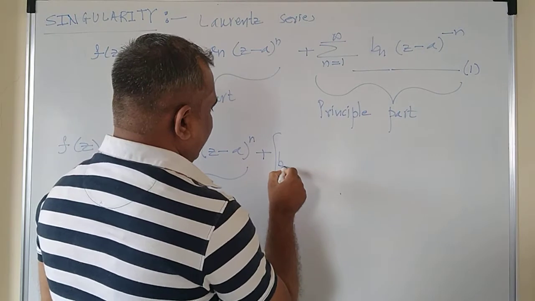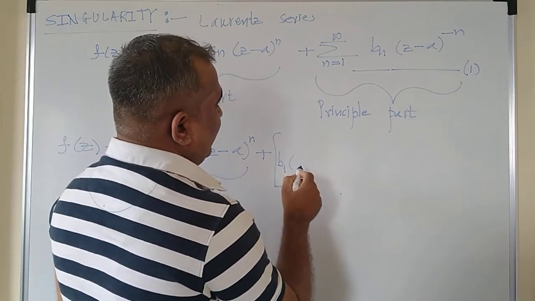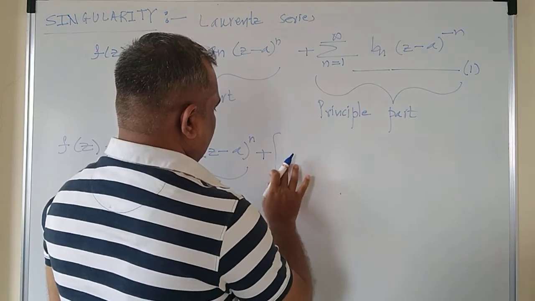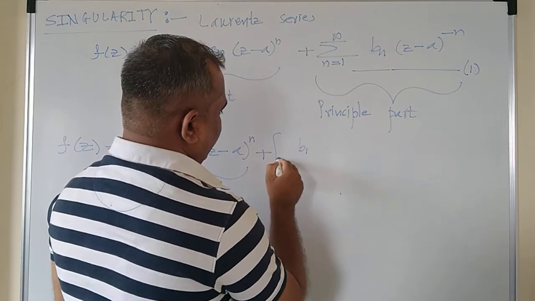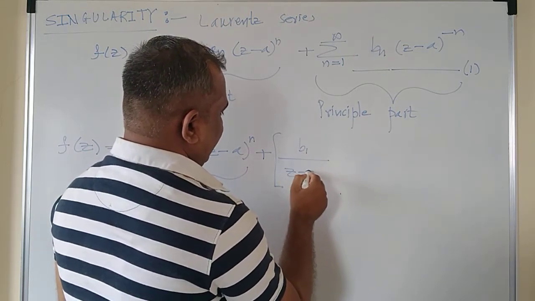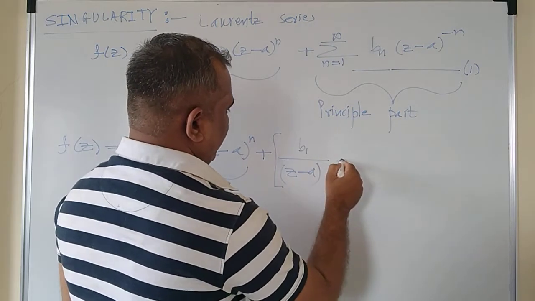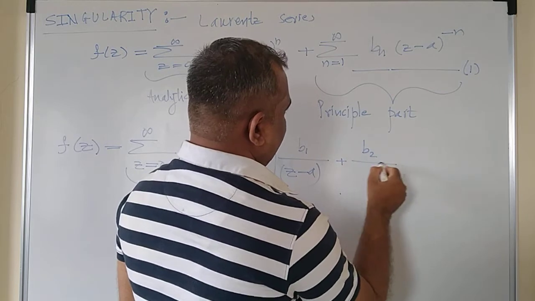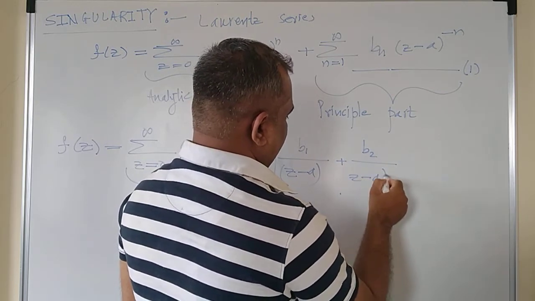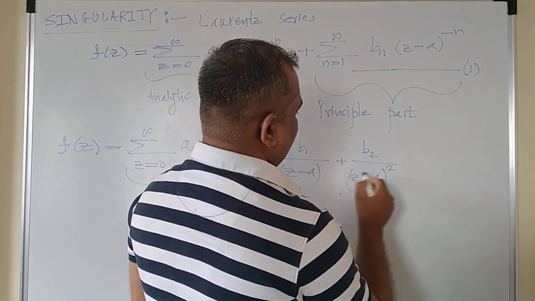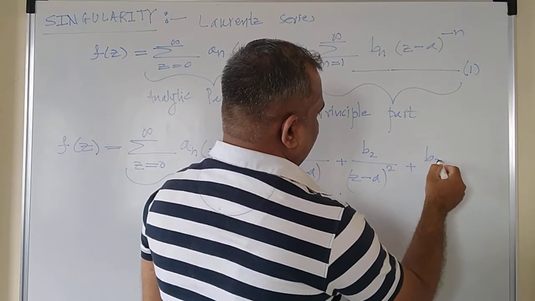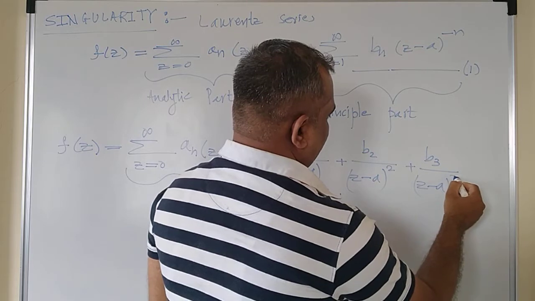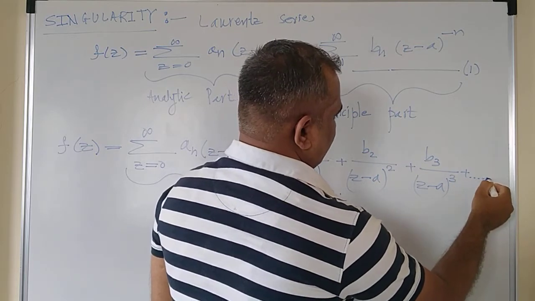So b1 into (z minus a) raised to power minus 1, that is b1 divided by (z minus a), plus the second term, b2 divided by (z minus a) raised to power 2, plus b3 divided by (z minus a) raised to power 3, plus and so on.